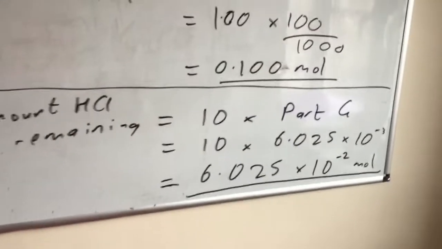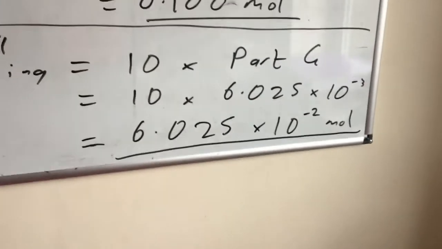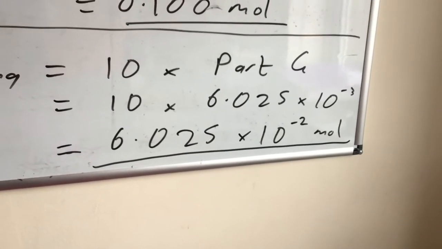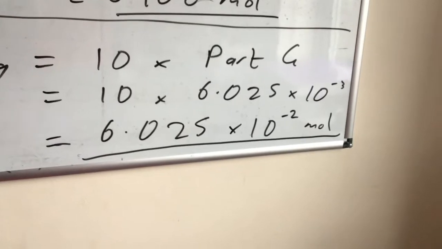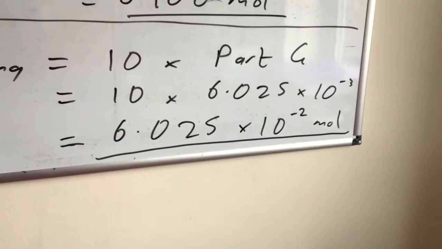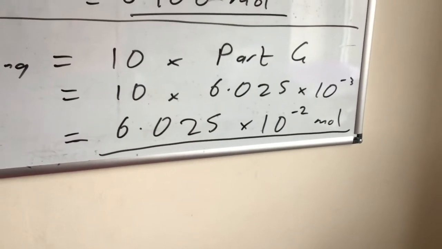So in 250 centimetres cubed, it would be 10 times that much, giving me an answer like this. Once again, do notice that that should be written in the answer to 3 significant figures, although I'm leaving it on my calculator in 4 significant figures, and later on you'll see why that matters.